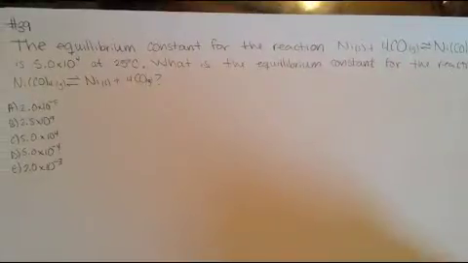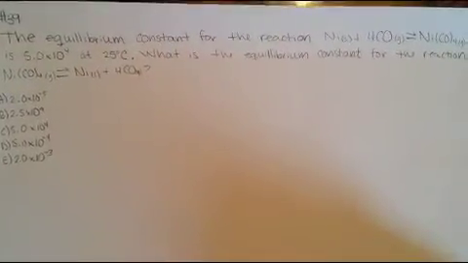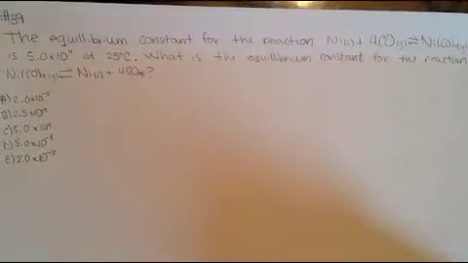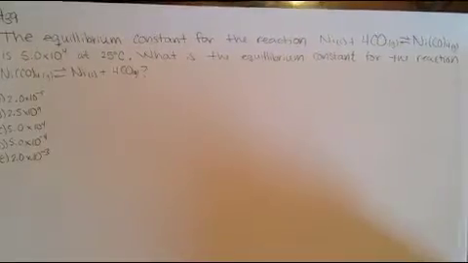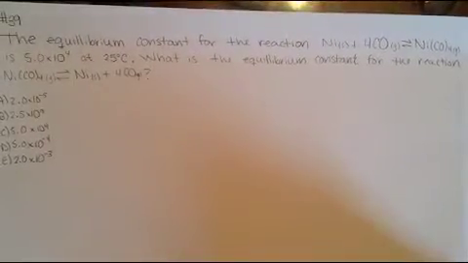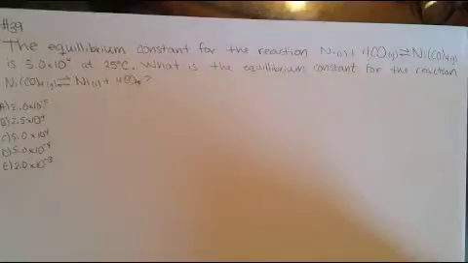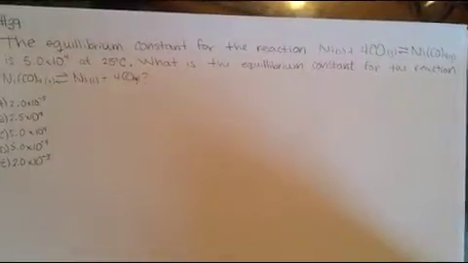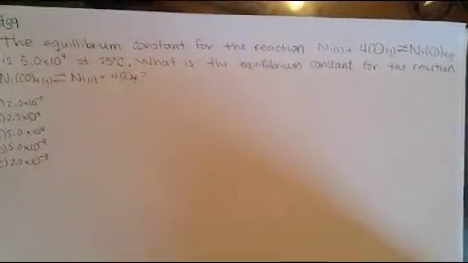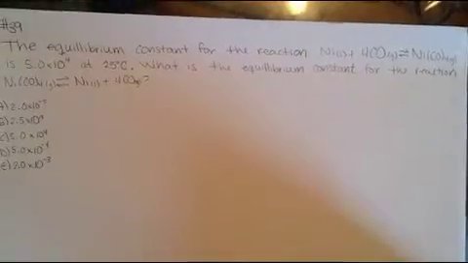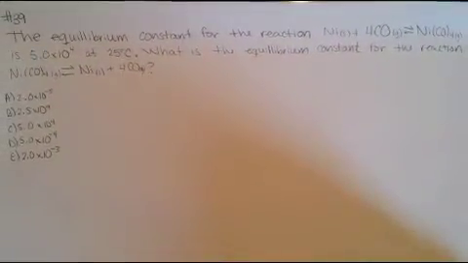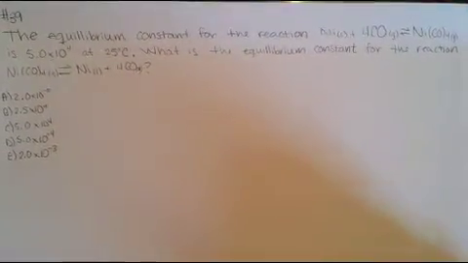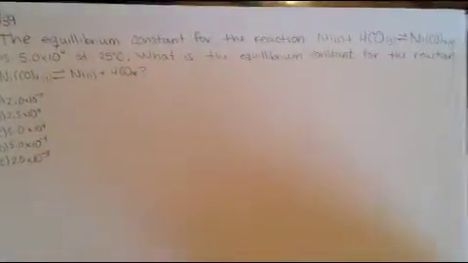The question today is, the equilibrium constant for the reaction Ni plus 4CO goes into NiCO4 is 5.0 times 10 to the 4th at 25 degrees Celsius. What is the equilibrium constant for the reaction NiCO4 goes to Ni plus 4CO? So the thing to remember here is that your equilibrium constant is just your products over your reactants.